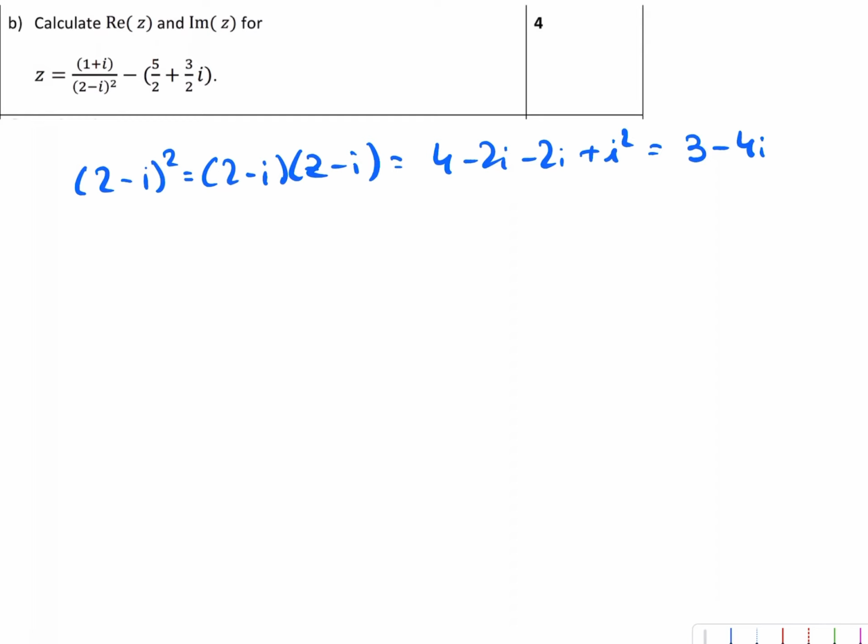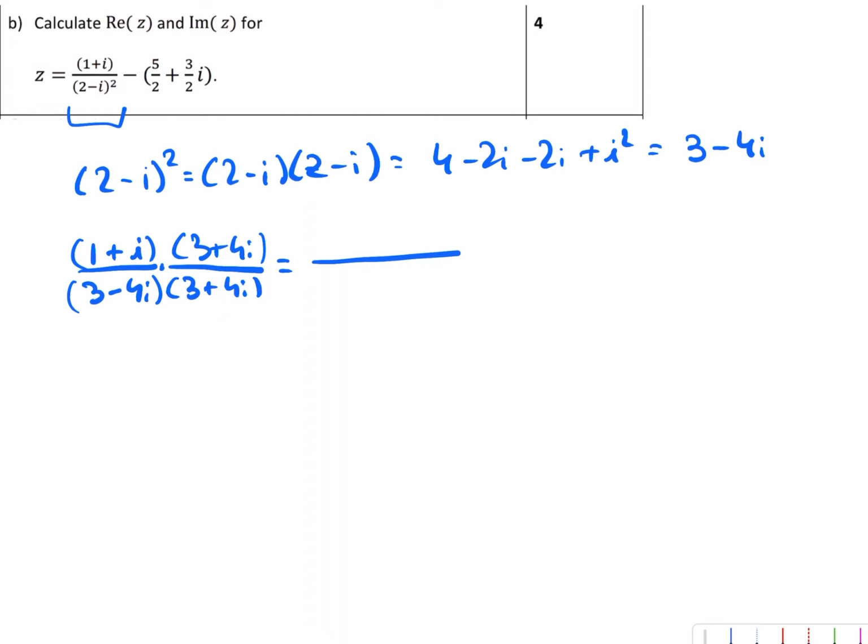The first part of the complex number is now 1 plus i divided by 3 minus 4i, as we just did before. For getting rid of the denominator, we need to multiply by the conjugate of the number, up and down. So 3 plus 4i down, 3 plus 4i up. And we just get in the bottom, it's just going to be 25.